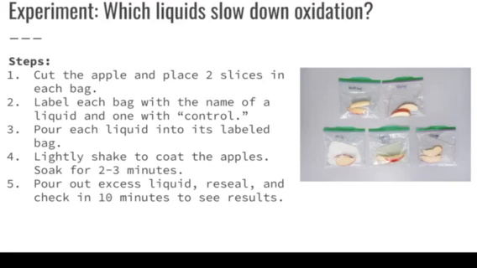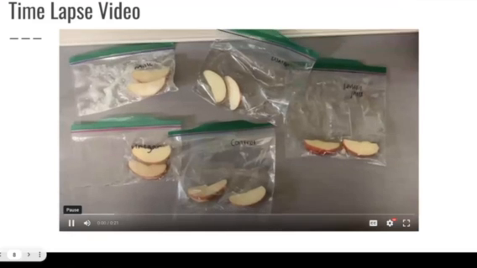So I conducted this experiment and I cut the apples, I placed them in the bags, I poured in my liquid, and I allowed the apples to soak in the liquid for approximately 3 minutes. And then I took this time-lapse video over the course of the next 10 minutes so that you can hopefully see the oxidation process as it is happening in real time.